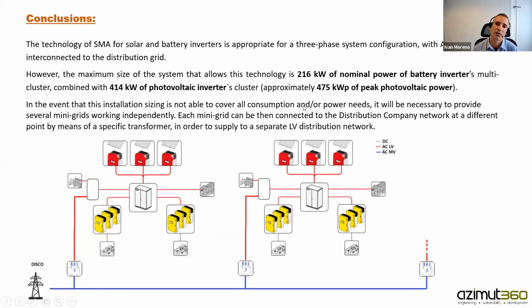Also, there are other systems like hybrid controllers, which have bigger size, but it is a controller, and then you have gensets, PV, utility, and this hybrid controller manages the whole system, similar to these multi-cluster systems, but with higher sizes.